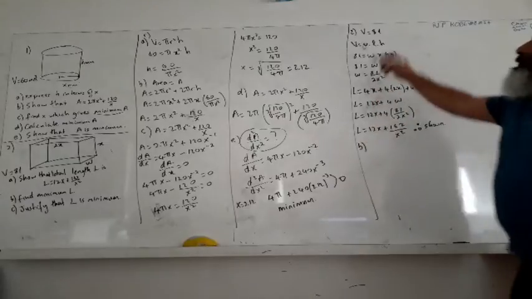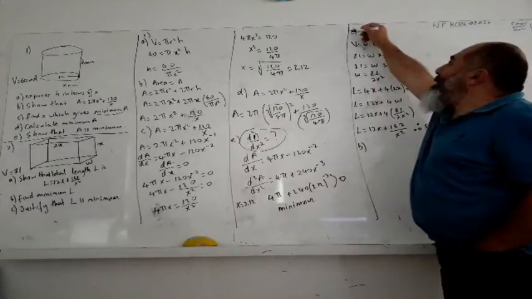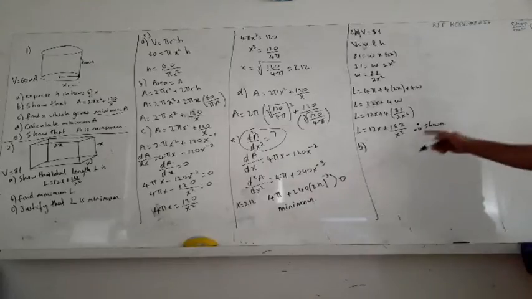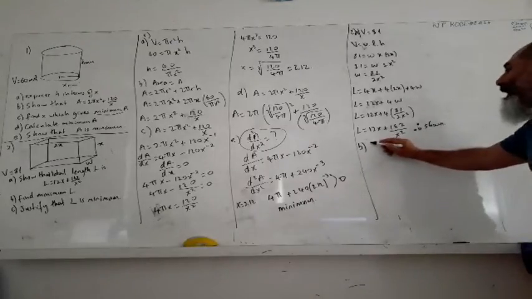Remember again, if it says minimum or maximum, we have to differentiate with respect to x here. Let's rewrite length again: 12x plus 162x to the power of minus 2.